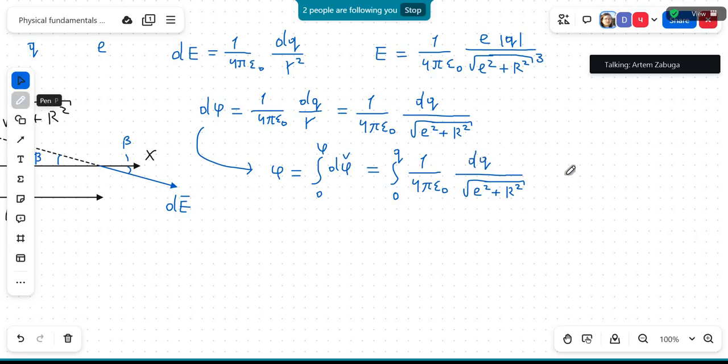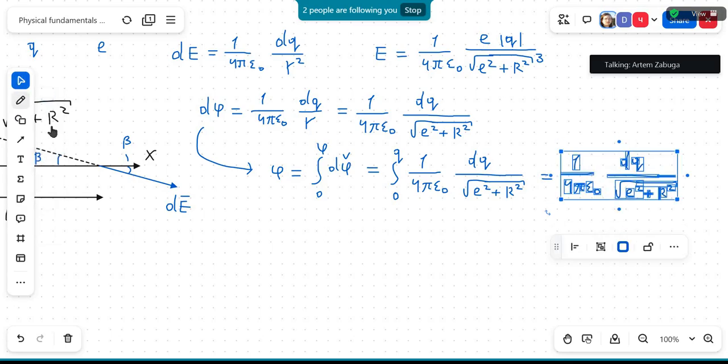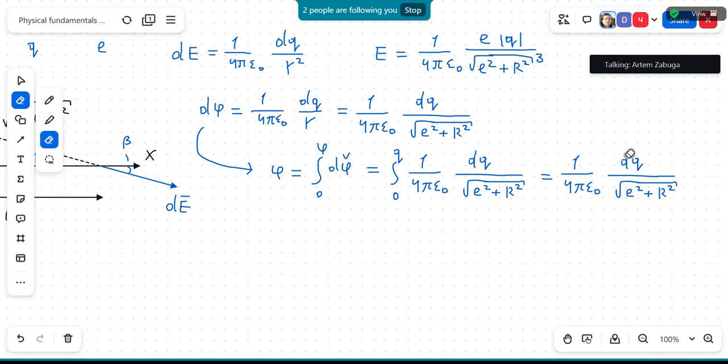So we will obtain just this, but without d in front of q. So this is the electrostatic field potential on the axis of this ring.